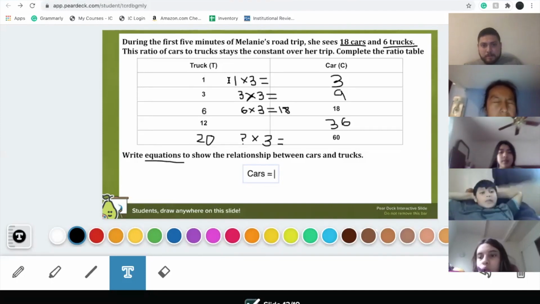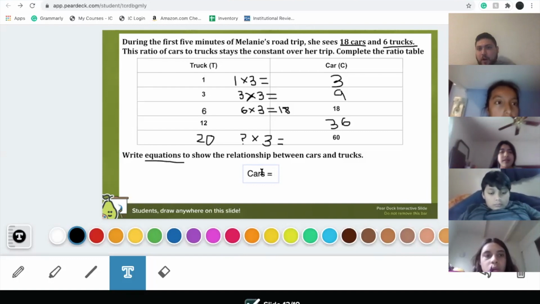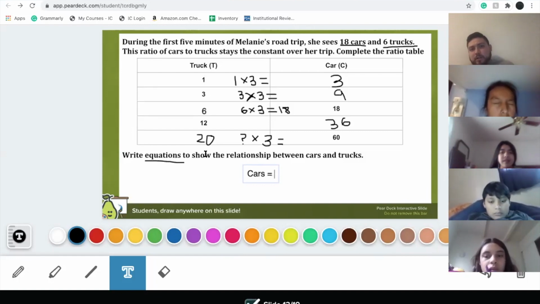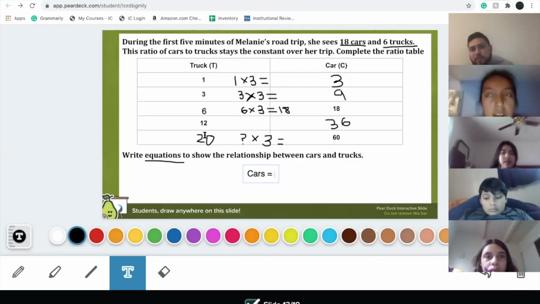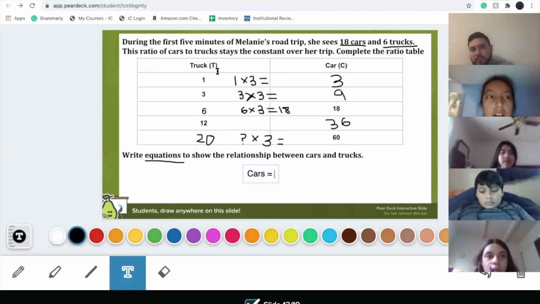Times 1. Well, you also did 3 times 3, 3 times 6, 3 times 12, and 3 times 20. So what do those numbers represent? Those are the amount of what? The cars? Almost opposite. Look in the table where it says 1, 3, 6, 12, and 20. What are those? Those are the trucks.